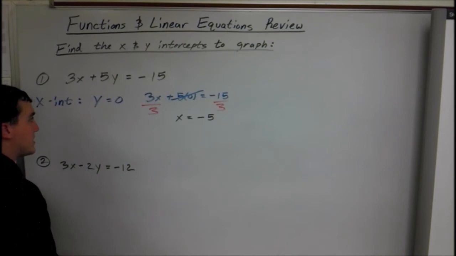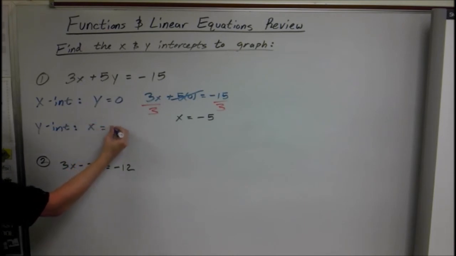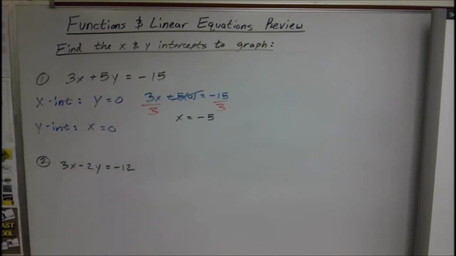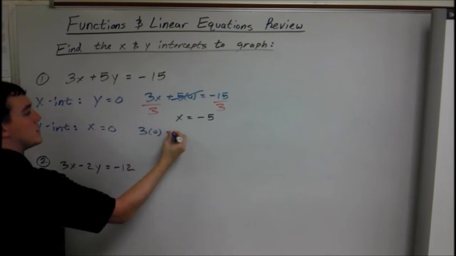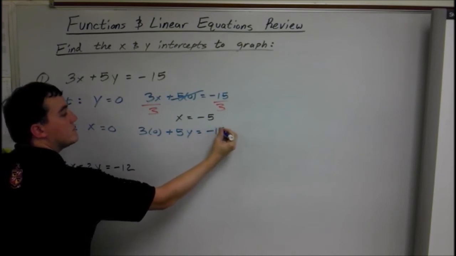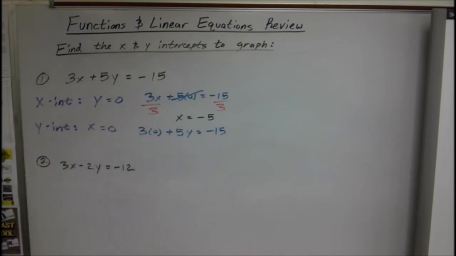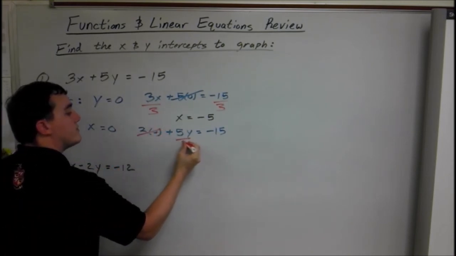And then we're going to do the same thing for the y-intercept. We plug in x equals 0. So we have 3 times 0 plus 5y equals negative 15. We're using the same equation, just plugging in 0 for x this time. So 3 times 0 is 0, and we divide by 5.